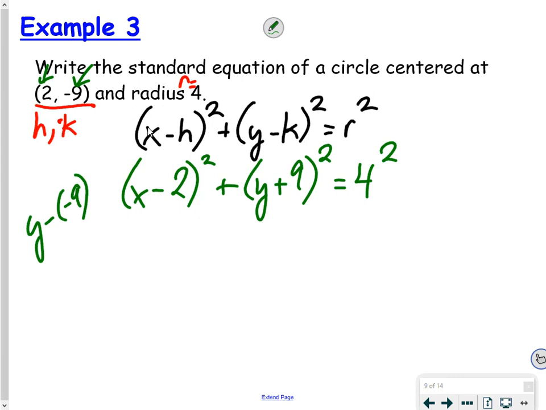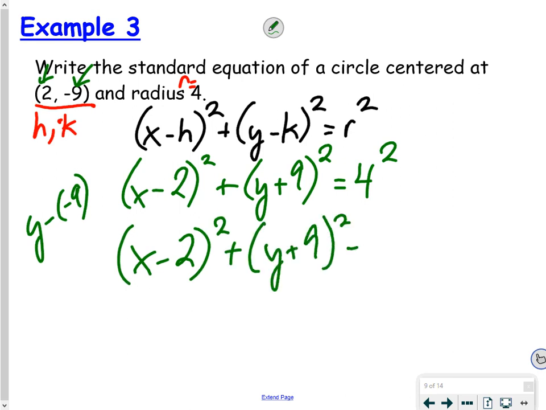Now we have equals 4 squared. Just to simplify here, I'm not going to simplify anything else but the radius squared, which would be 16. So we have the quantity x minus 2 squared plus the quantity y plus 9 squared equals 16.